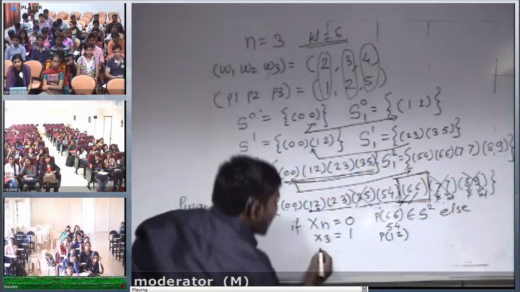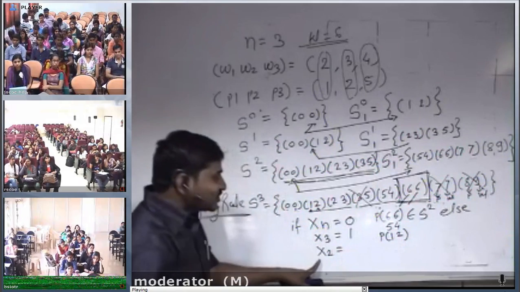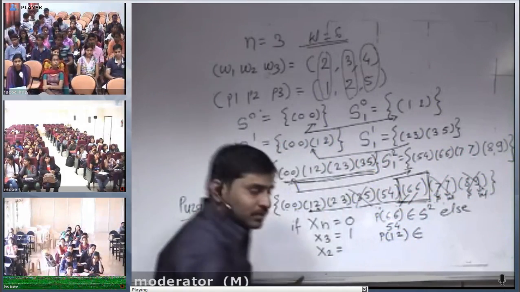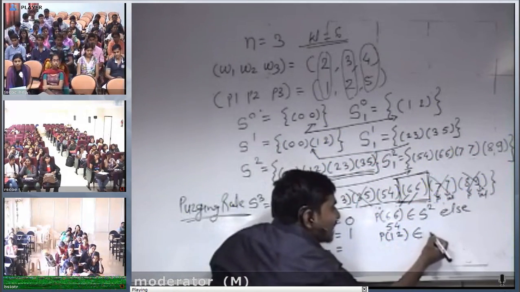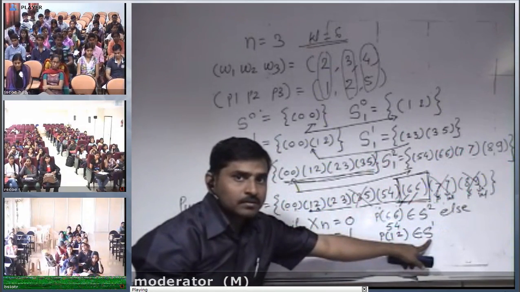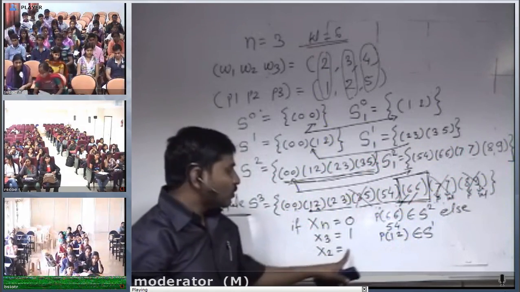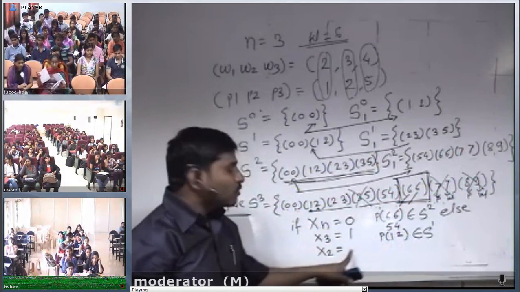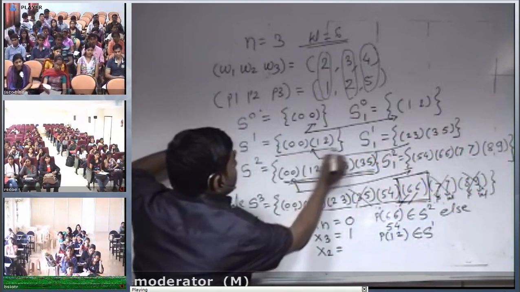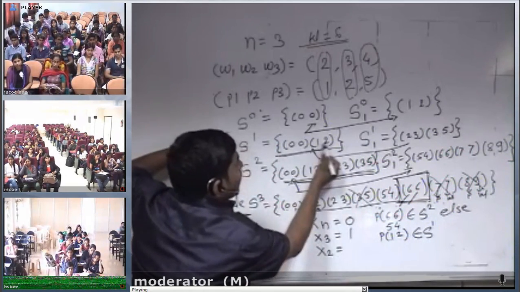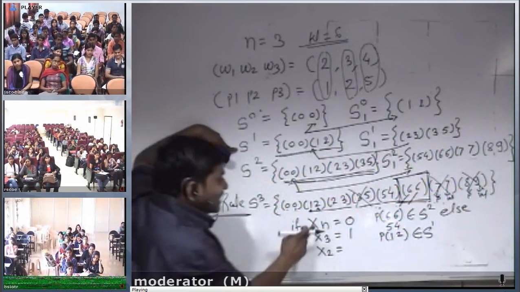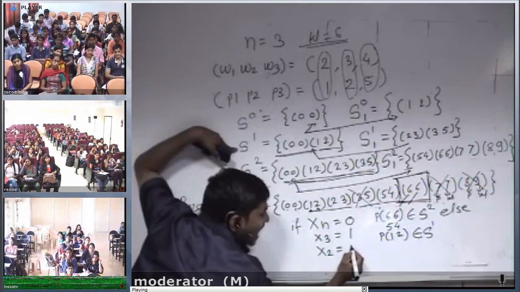Now for the next object X2, I check whether this pair (1, 2) belongs to S1. X2 means S, and minus 1 means S1. If it belongs, then X2 equals 0. If not, then X2 equals 1. I see that this pair (1, 2) is present in S1, so it satisfies the condition, and X2 equals 0.